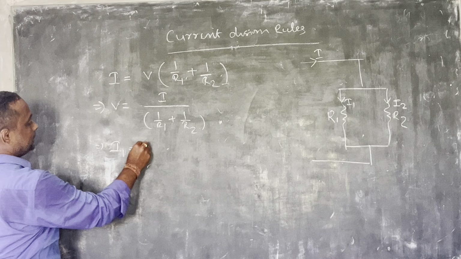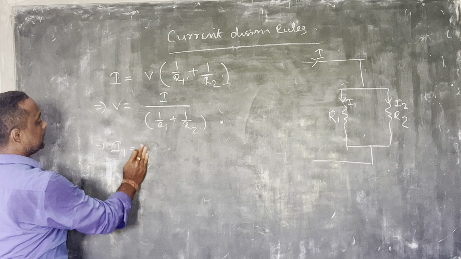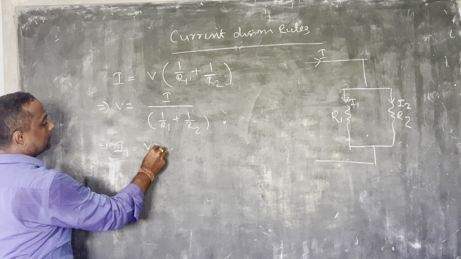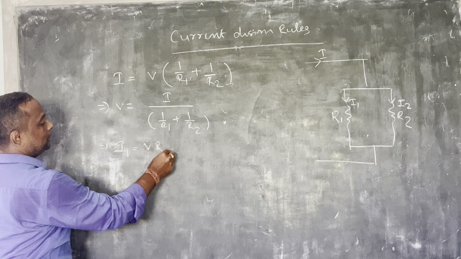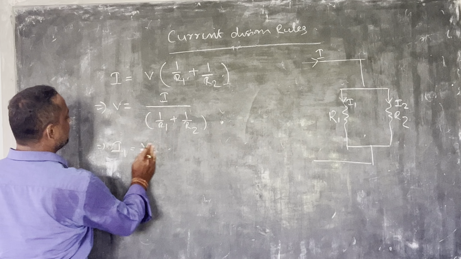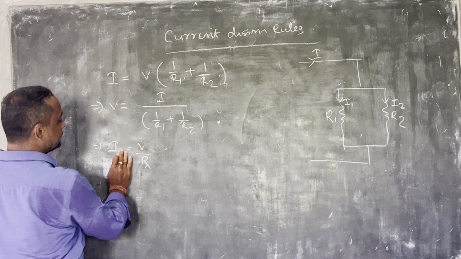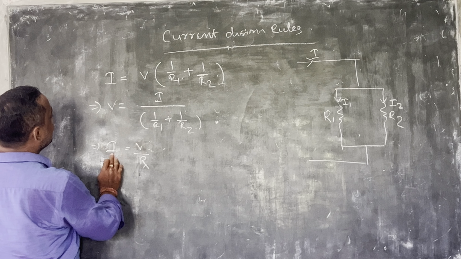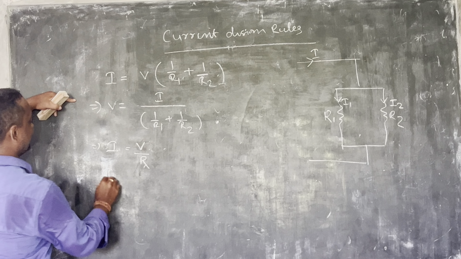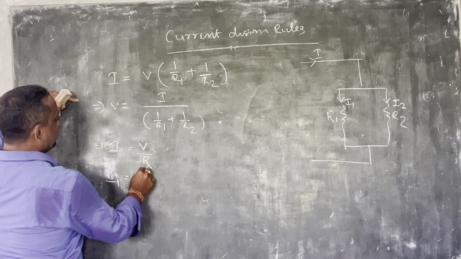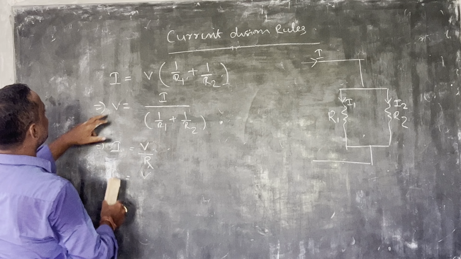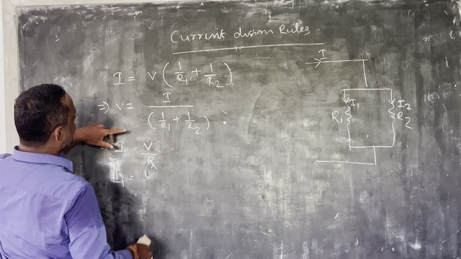I1 equals V by R1, using I equals V by R. We can put the value of V into I1.